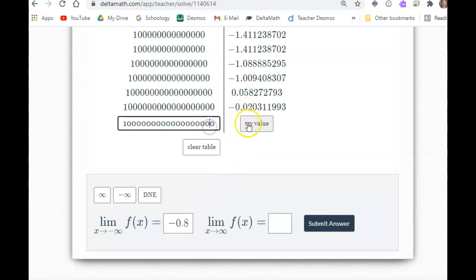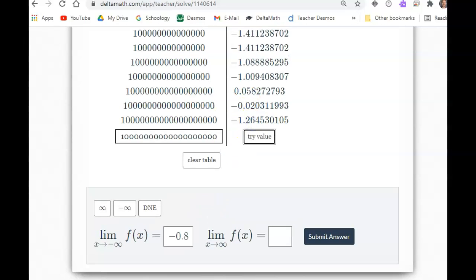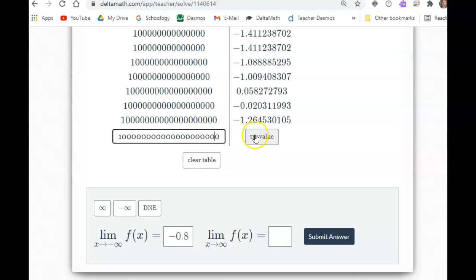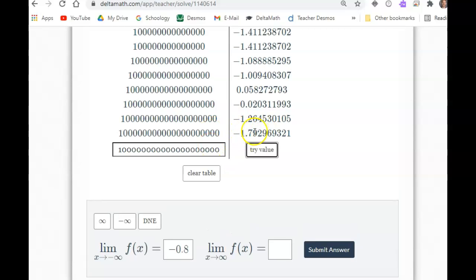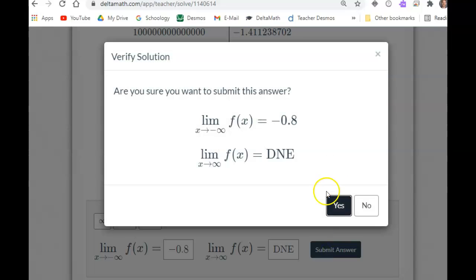And what that means is we might have an oscillating function that goes up and down, up and down. Notice how we go from some negative to some positive. So I'm trying some really large numbers, and I'm not getting any concrete output. I'm not headed anywhere, which means this limit does not exist.